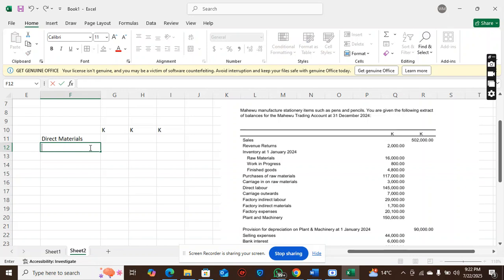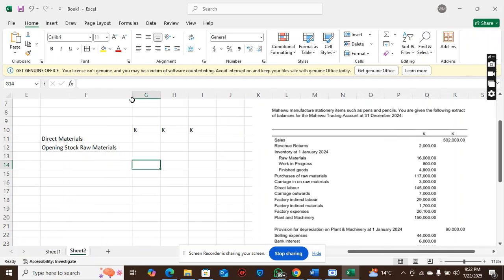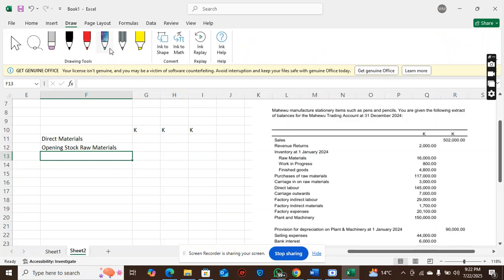So we can just put here opening. So long as you put the heading direct materials on top, when you put opening stock, the marker is going to know he's talking about opening stock of raw materials. Here opening stock is 16,000.